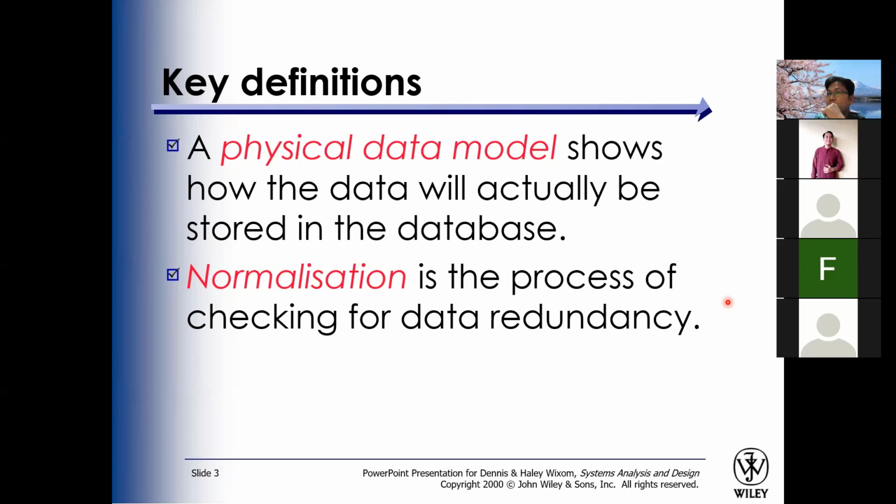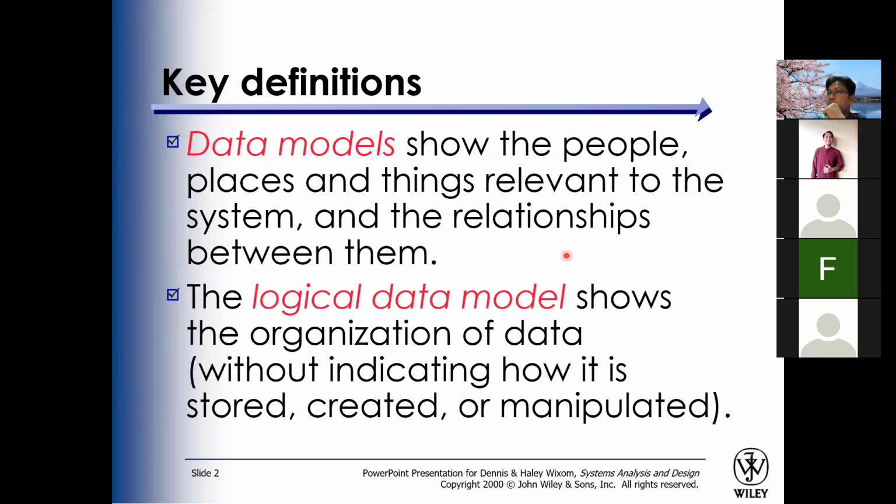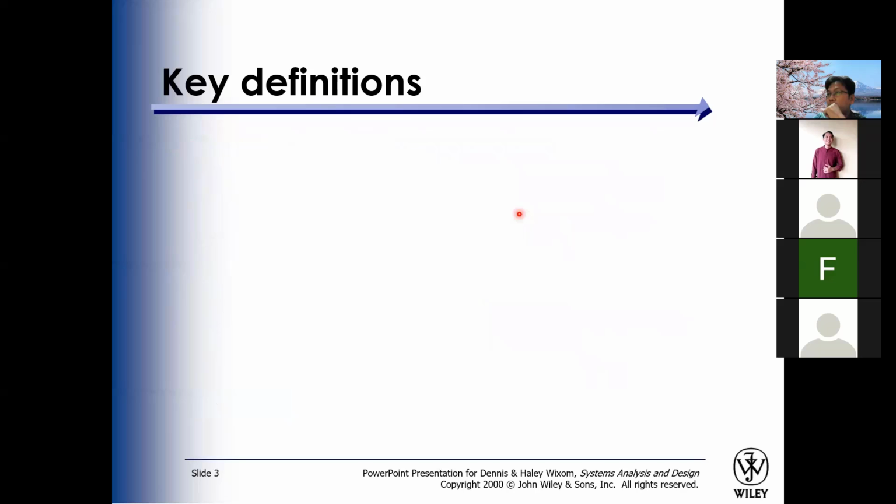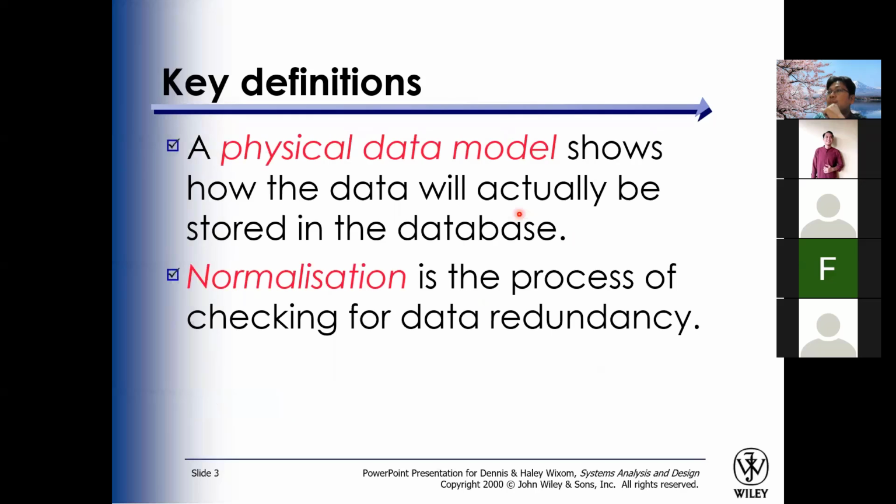Data is the information. The data is the source of information. So these are the facts about the people, for example, student, lecturer, etc. This is the data, and database is how to manage the data.